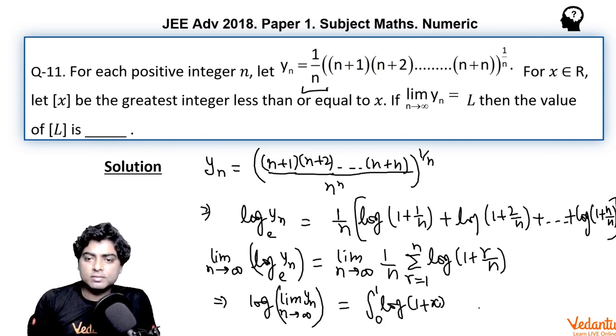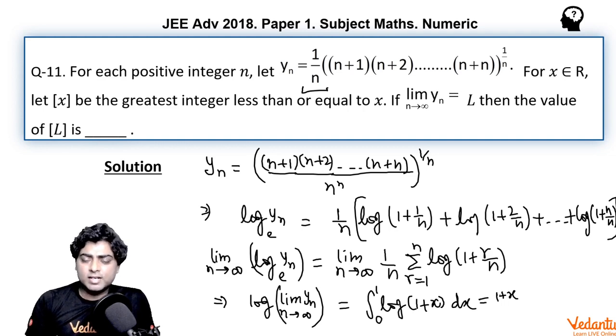So 1 by n is replaced by dx, and we know the integration of log of 1 plus x. You can put 1 plus x as t, then you'll get the integral of ln t dt, with limits from 1 to 2. Or you can directly integrate log of 1 plus x by parts. By taking 1 as the second function, you'll get 1 plus x times log of 1 plus x, minus 1 plus x.